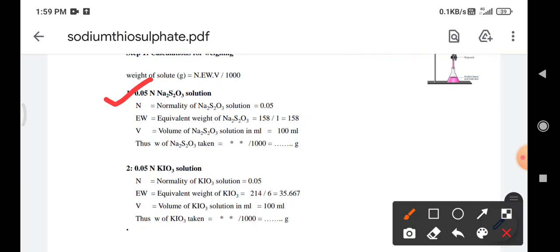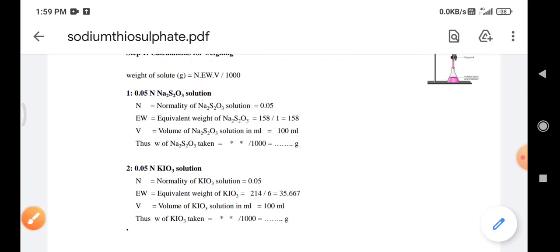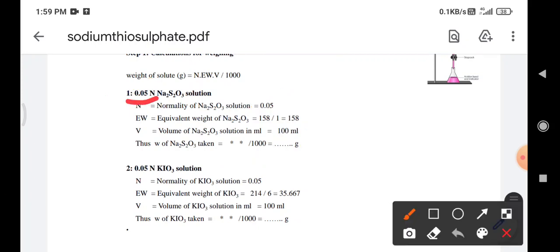The normality is 0.05. The equivalent weight is 158 divided by 1, that is 158. The volume of Na2S2O3 solution in ml is 100 ml. So we can put all the values in the formula and we can get what amount of Na2S2O3 will be dissolved to get this concentration.